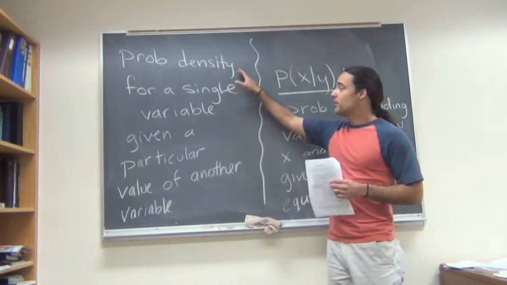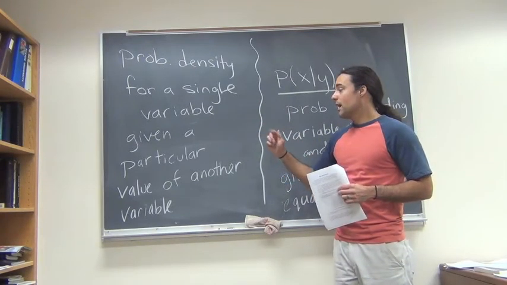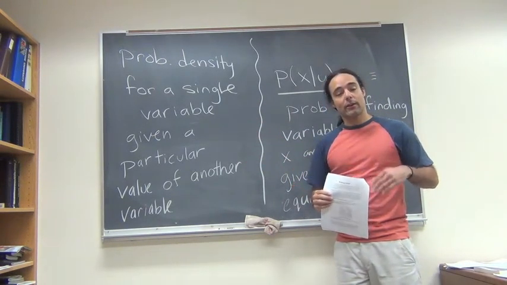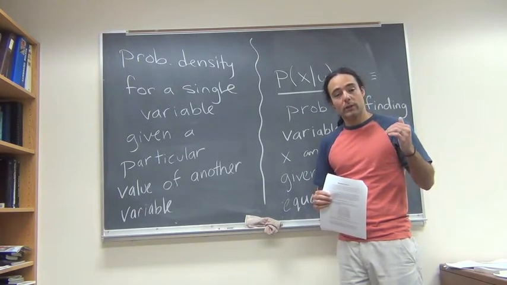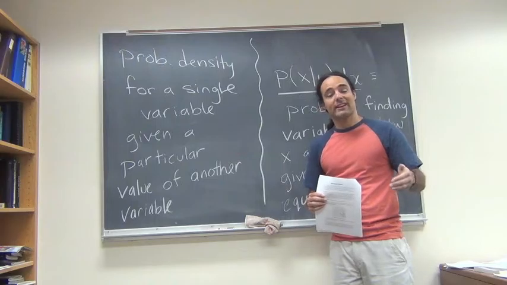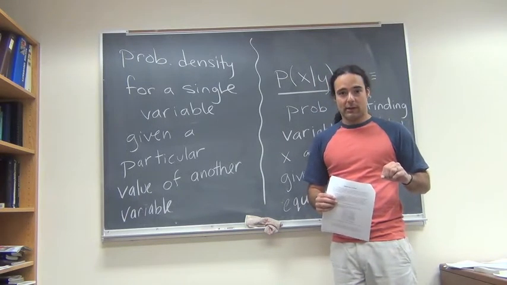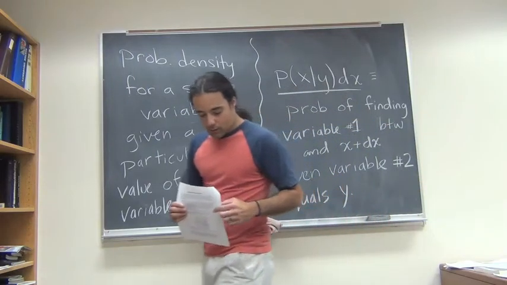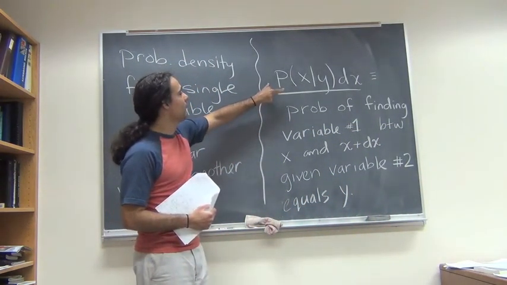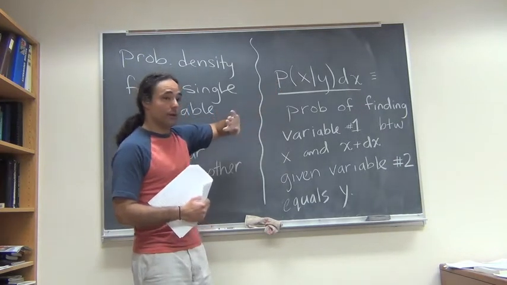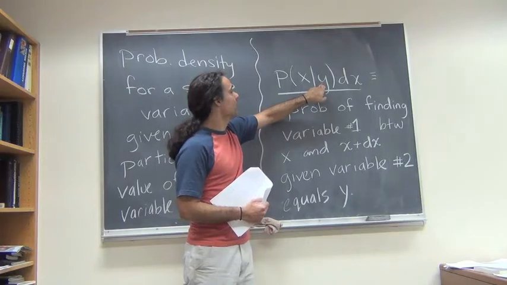Suppose we want the probability density for a single variable, given that there's a particular value for some other variable. So suppose we want to find the probability density for x, given that I know y has a certain value. Well, we can do that. We're going to use this notation: P of x, straight line down, given y.